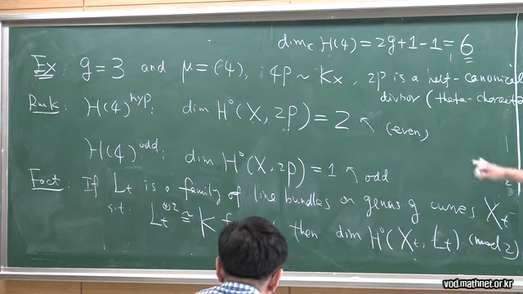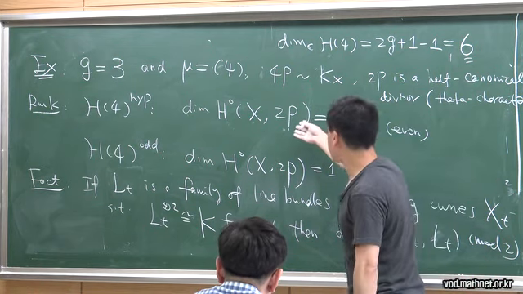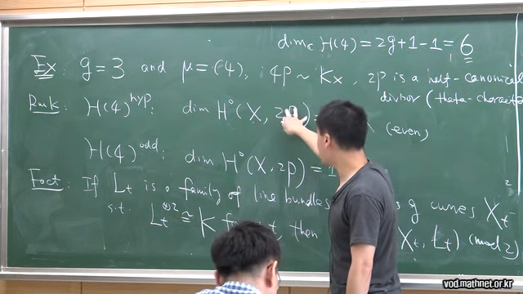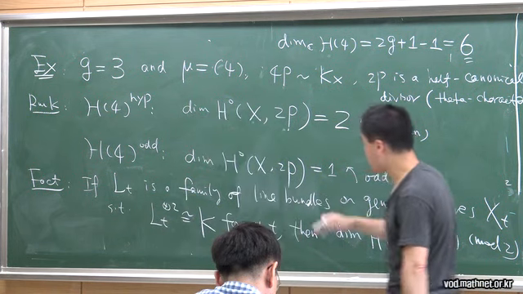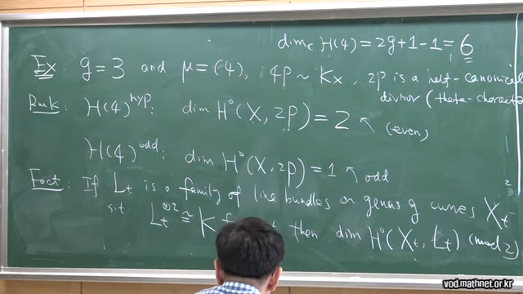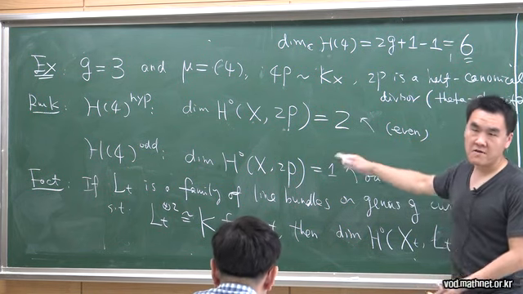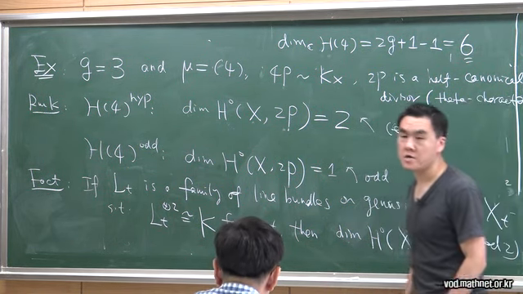In other words, if I have these families of theta characteristics, because I know 4P is a canonical line bundle, I take 1/2. This 2P gives me a line bundle which is half of the canonical line bundle. So these two have different parity mod 2, so they never intersect each other, assuming this fact.